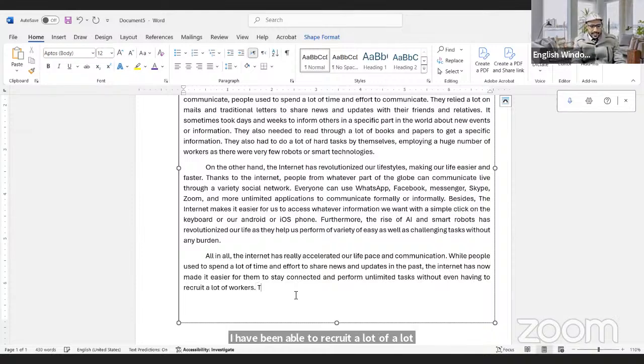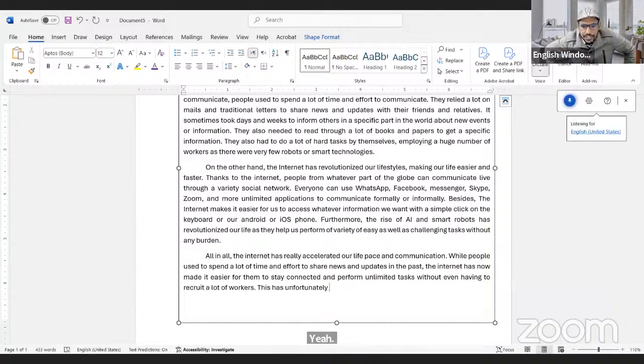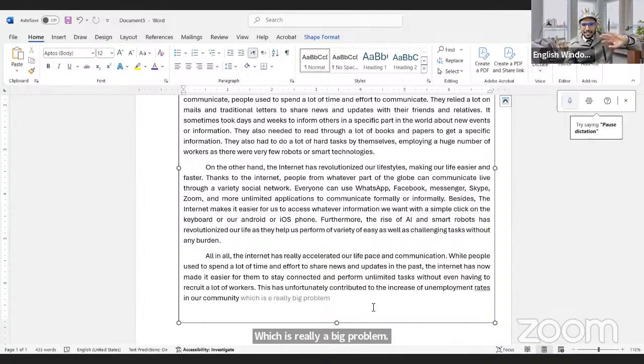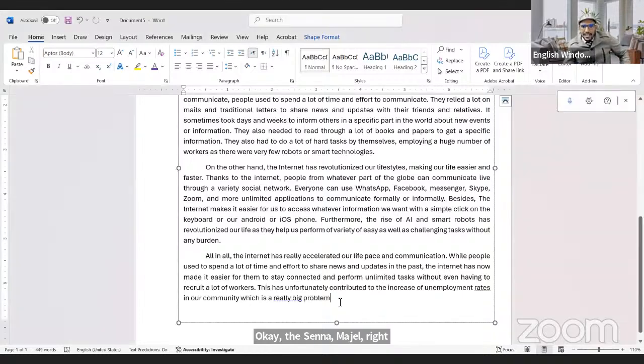This has really, unfortunately, contributed to the increase of unemployment rate in our community, which is really a big problem. اوكي دابا فتحنا مجال لموضوع آخر ديال unemployment, another problem.